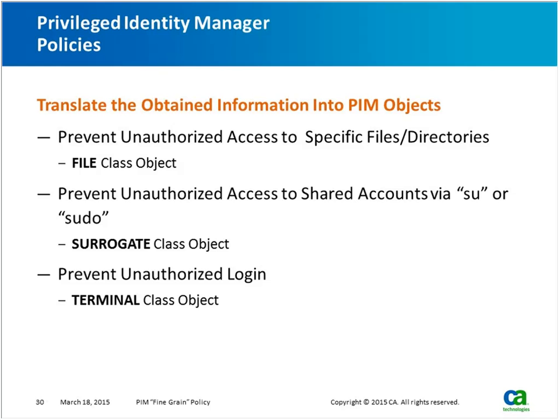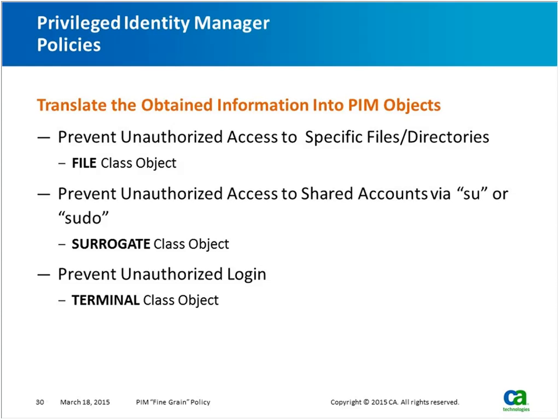For example, if we want to prevent unauthorized access to specific files or directories, or even monitor access to them, often that would be the file class object. If we're trying to prevent unauthorized access to some shared account via su or sudo, that would be the surrogate class object. And if we're looking at preventing some form of unauthorized login, the terminal class is a great class to utilize.